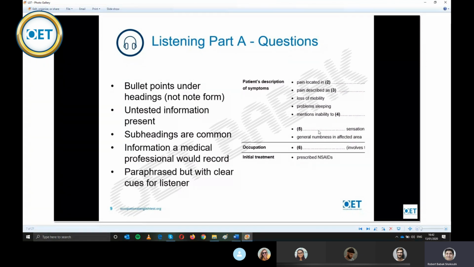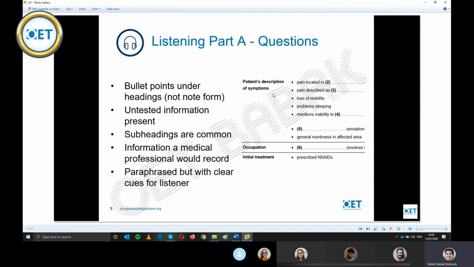And sensation. Occupation, the person's job. It's not always like this. Most of the time you will get these subheadings, but sometimes you don't, and that would make the test a little bit more difficult. So you have to pay attention to the type.